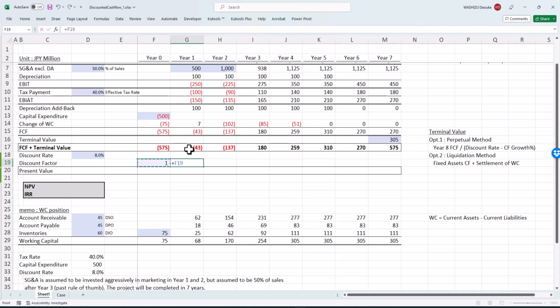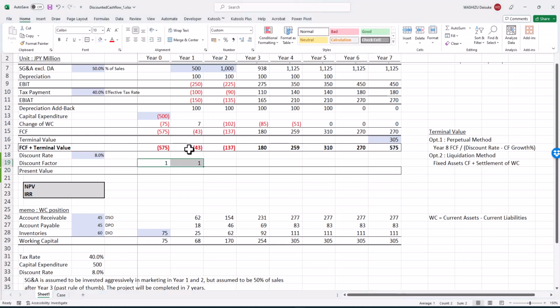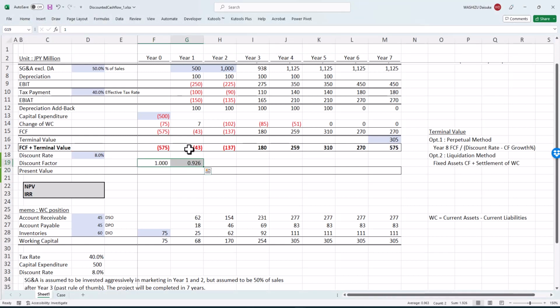Usually I use the previous year's discount factor divided by 1 plus the discount rate. So year 0's discount factor is 1, no discount. But year 1 should be discounted. The discount factor should be 0.926. Second year, 0.857. And year 7, 0.583.